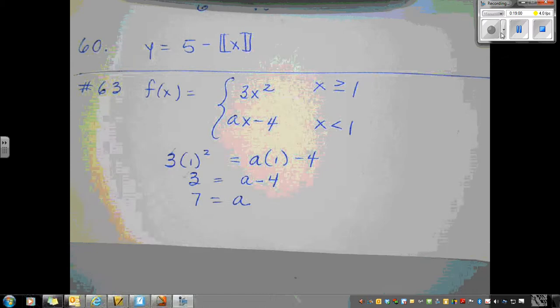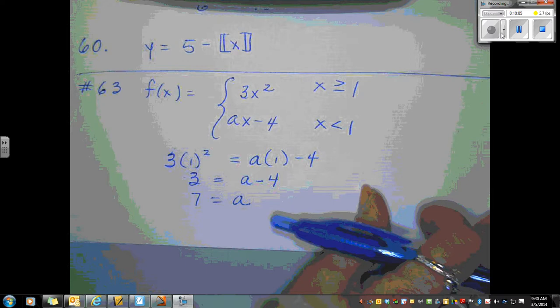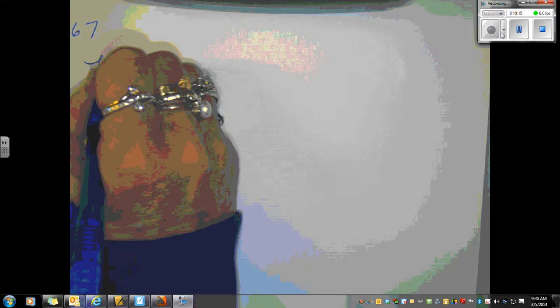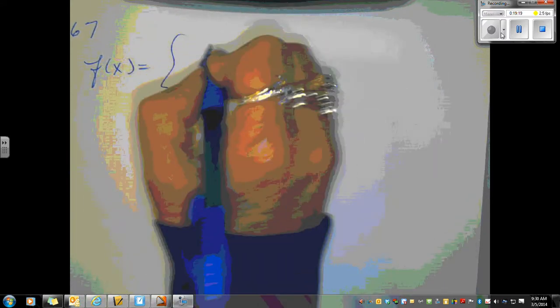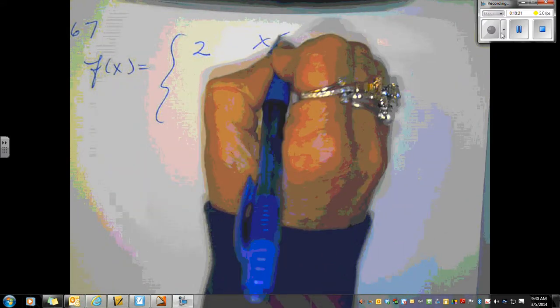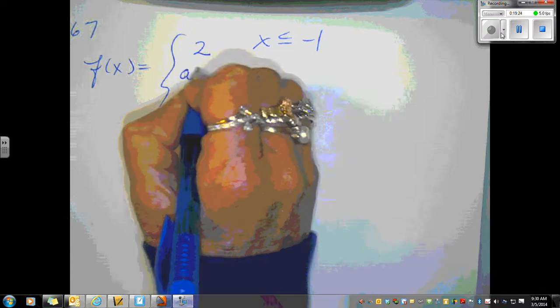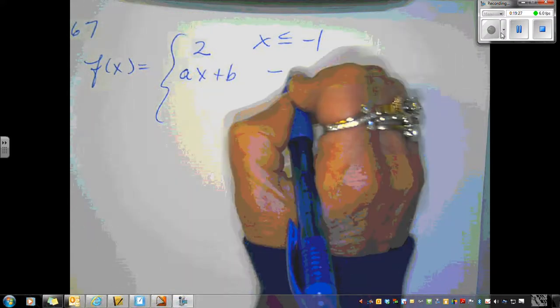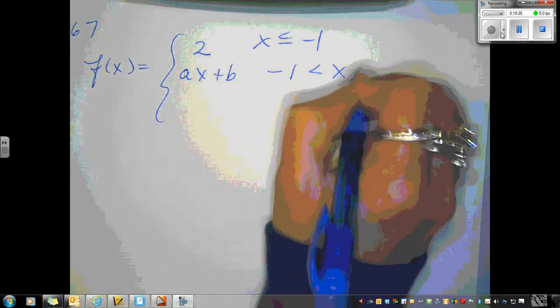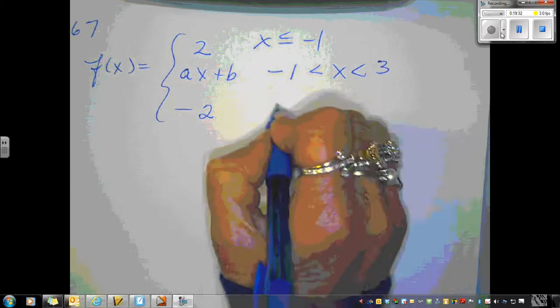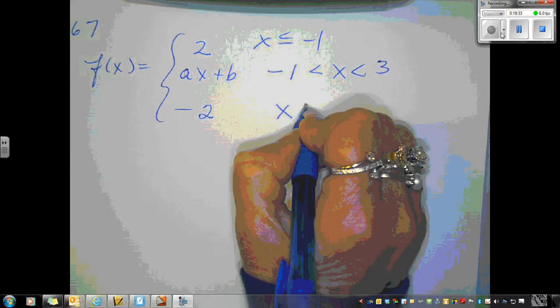Okay, how about 67? 67 says f of x equals 2 if x is less than or equal to -1, ax plus b if -1 is less than x is less than 3, and -2 if x is greater than or equal to 3.